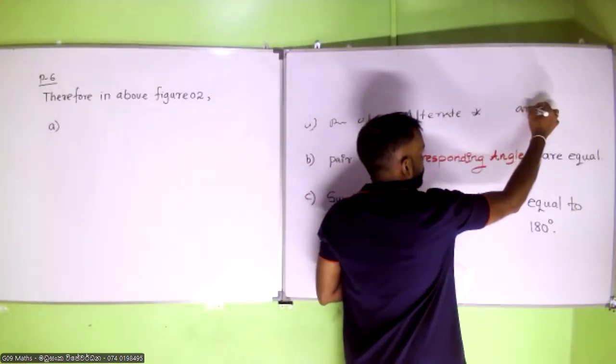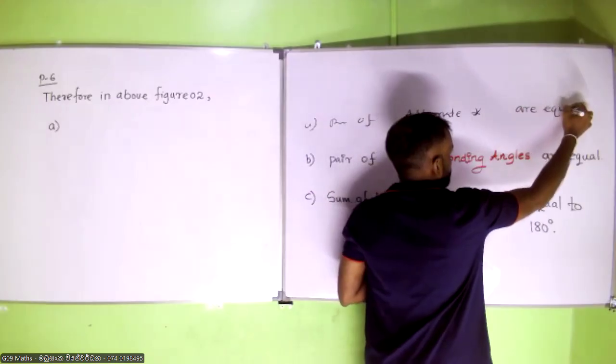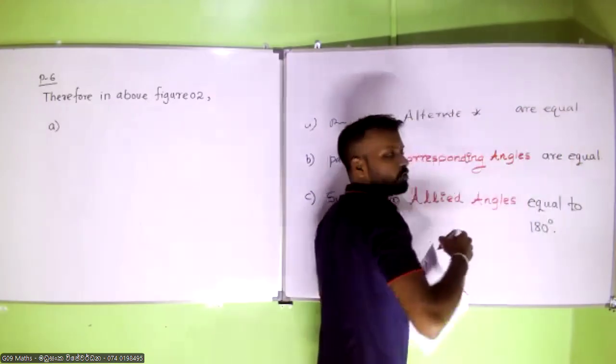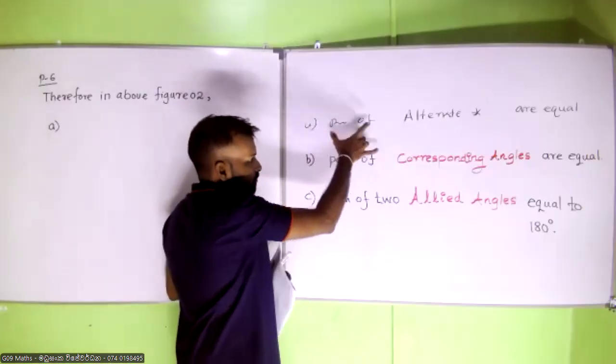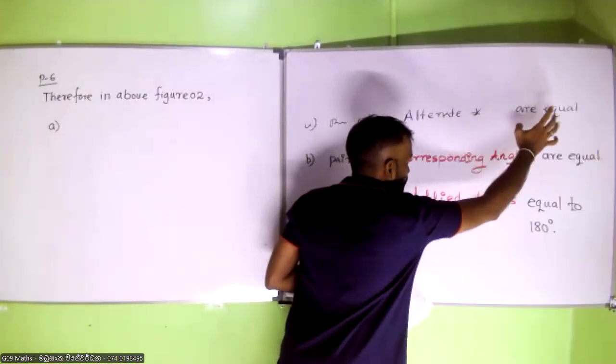Alternate angles are equal. So this one is the first thing you need to know. So part A, pair of alternate angles are equal.